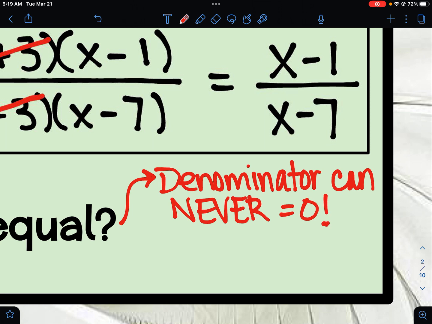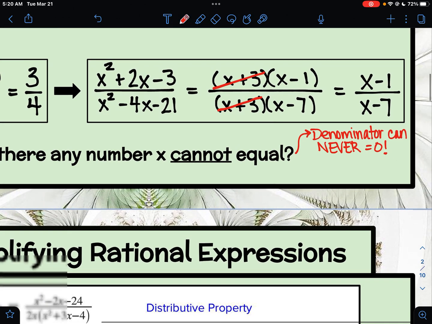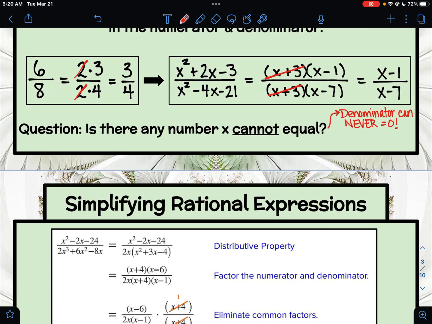Okay, so we're just going to keep that in mind for right now. And next week we'll talk more about what x cannot equal. But remember, the denominator can never equal 0.